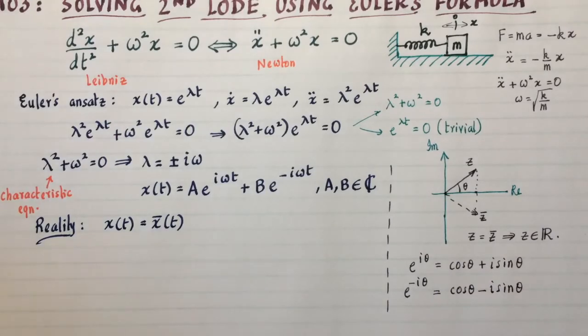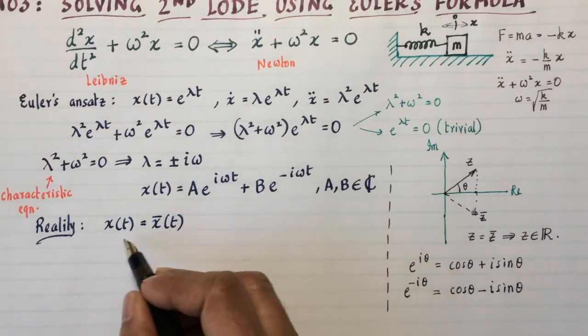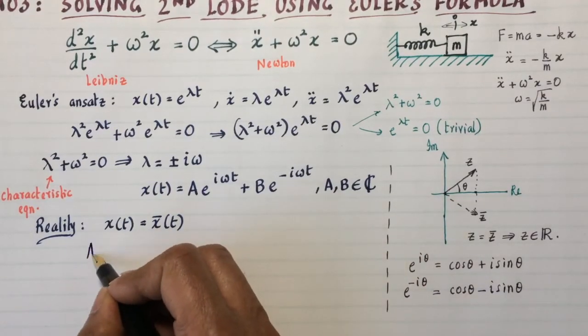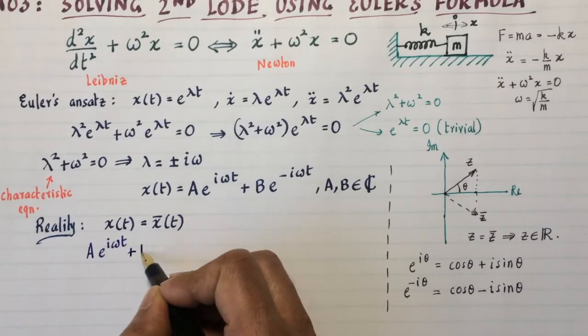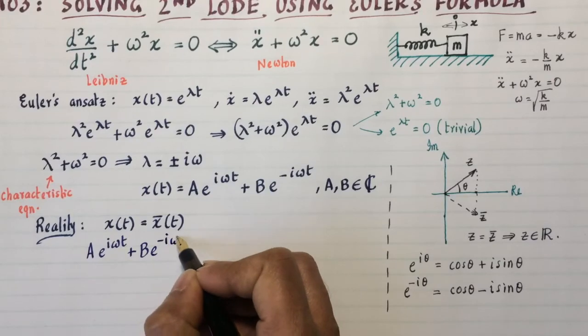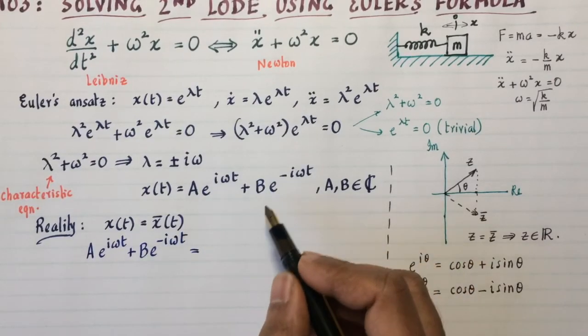So armed with all this knowledge, we can go back to our imposition of the reality condition. I'm going to get x of t, which is all this. So I get A e to the i omega t plus B e to the minus i omega t equals x bar.